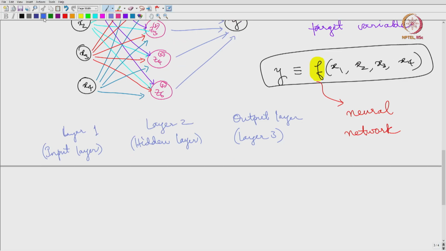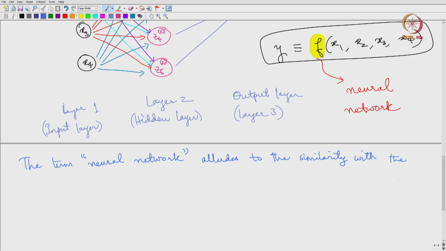Now the term neural network, now that you have seen a simple neural network, alludes to the similarity with the network of neurons that is there in our central nervous system in the human body.